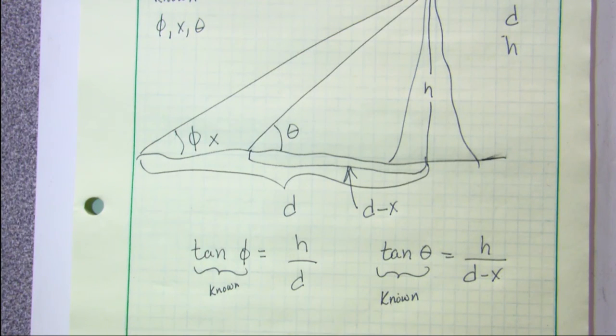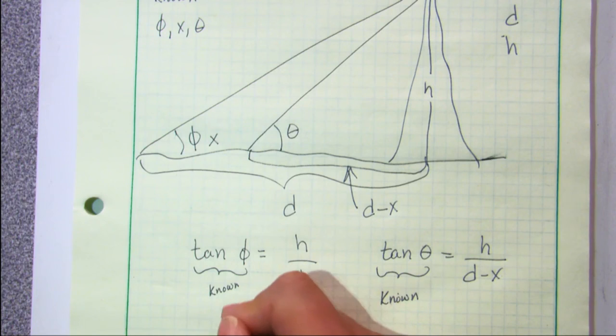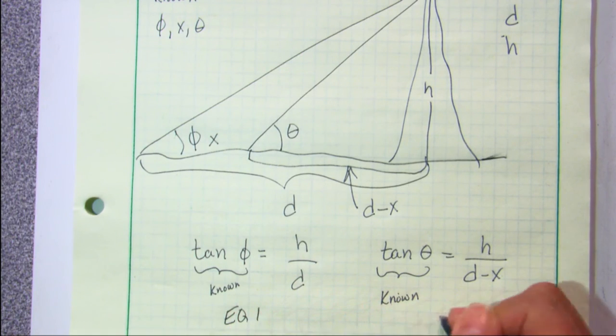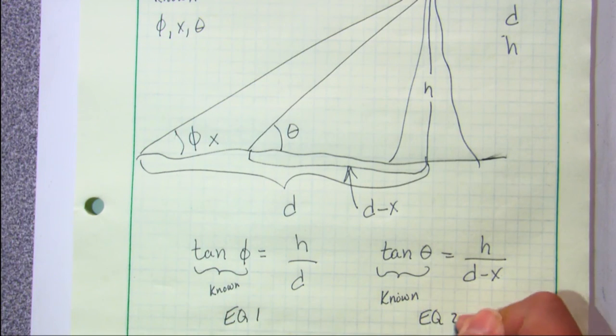If I'm trying to solve for h, I probably want to substitute what d is so that I can get this in terms of h. But I have equation 1, and I have equation 2. Two equations, two unknowns.